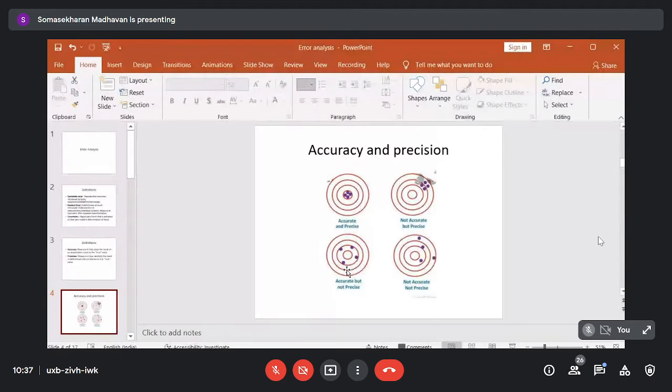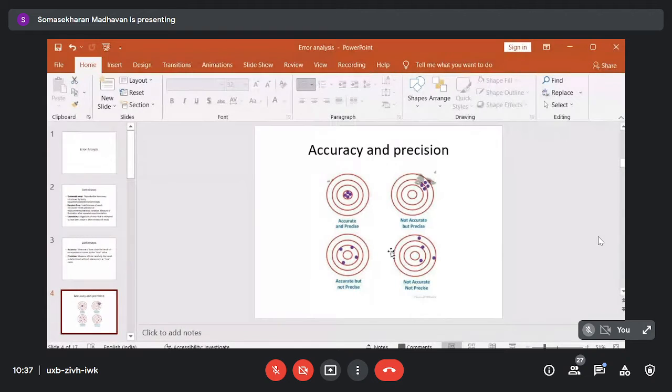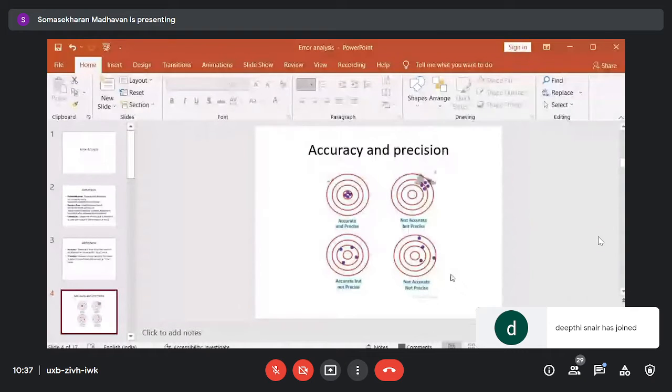And this is the case of accurate but not precise, because it is around the target value, but the values are highly scattered. So the precision is less, but there is accuracy. This is the case which is neither accurate nor precise, which is scattered somewhere. The values are much scattered and not at the target point.